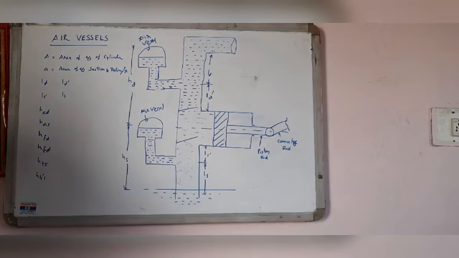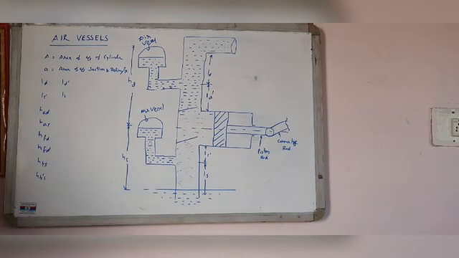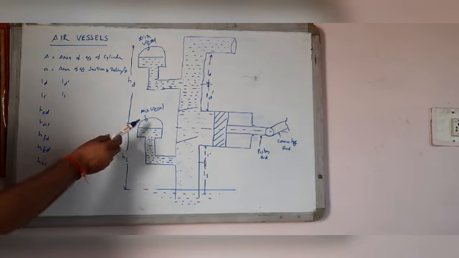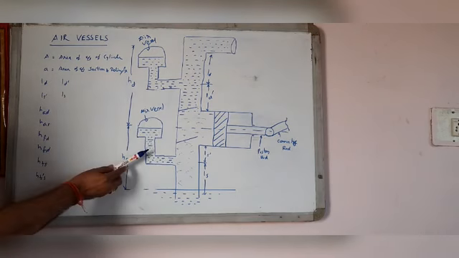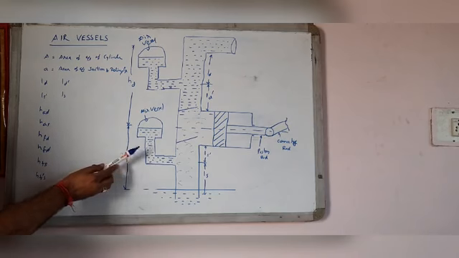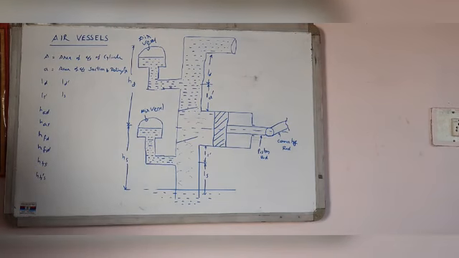An air vessel is a closed chamber containing compressed air in the top portion and liquid water at the bottom of the chamber. At the base of the chamber, there is an opening through which the liquid water may flow into the vessel or out from the vessel.